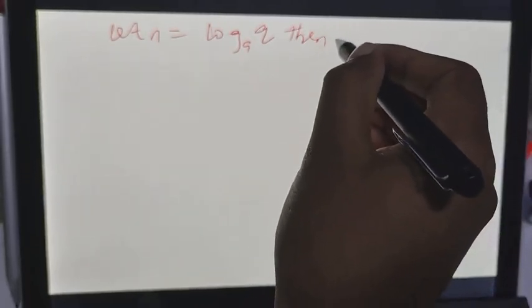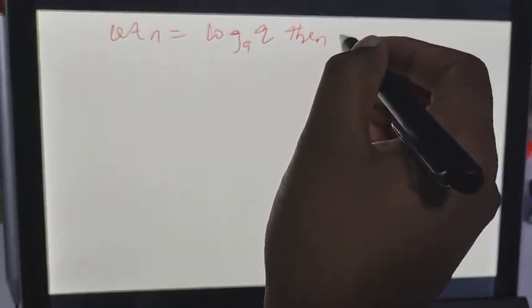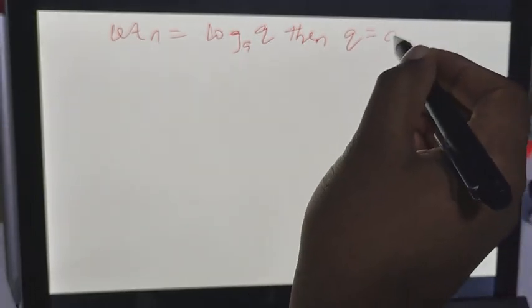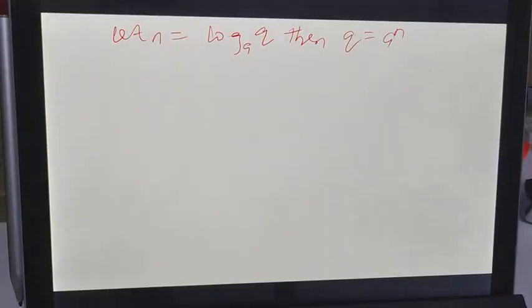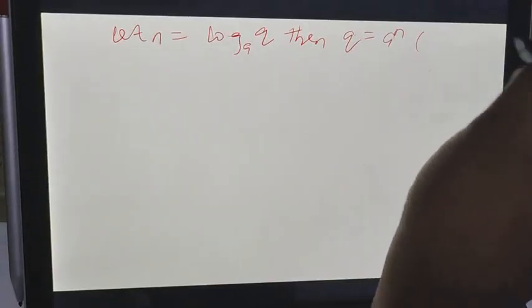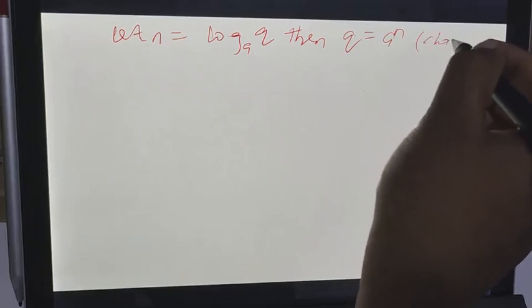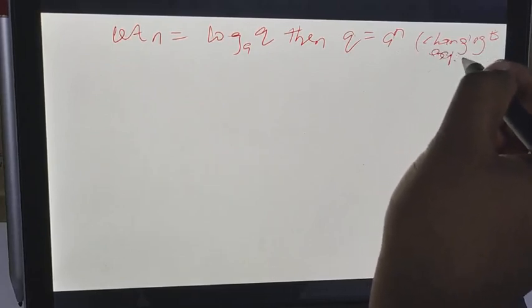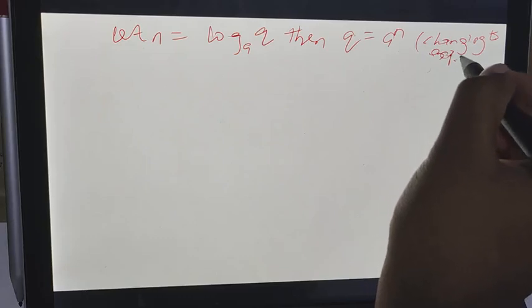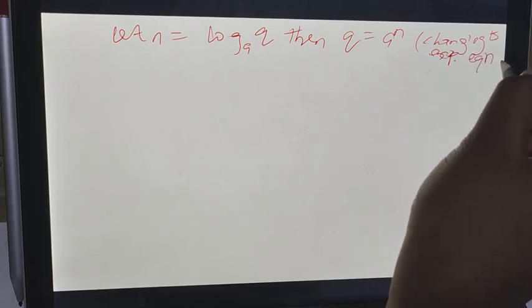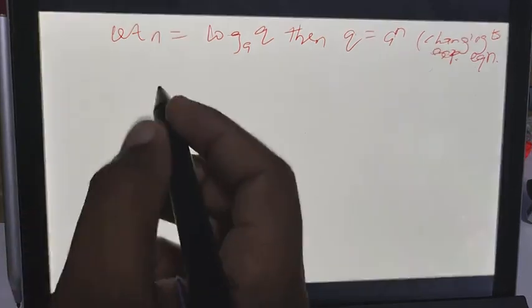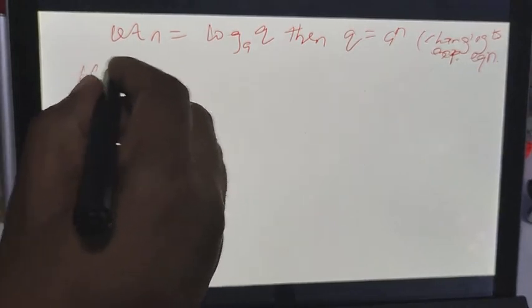You can say then it's obvious q should be equal to a to the power n, the same reason, changing to an exponential equation.